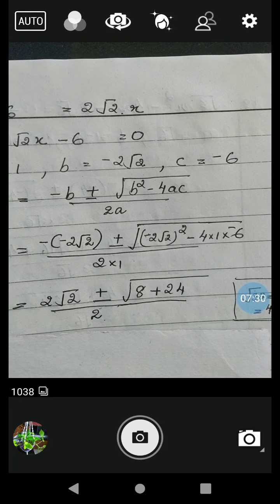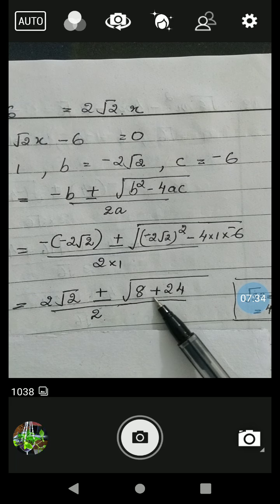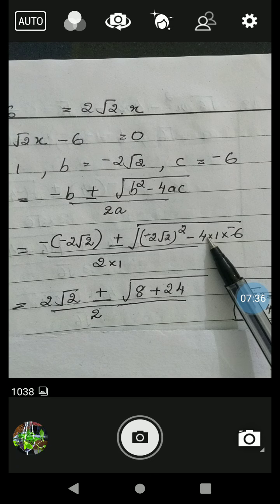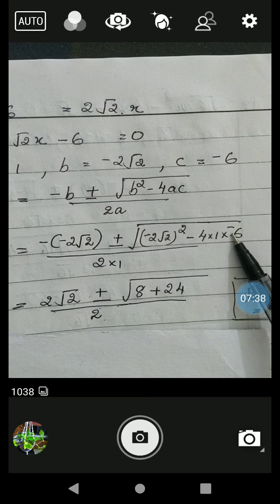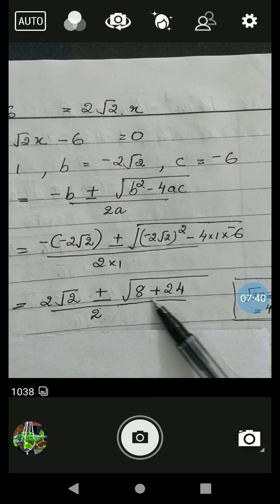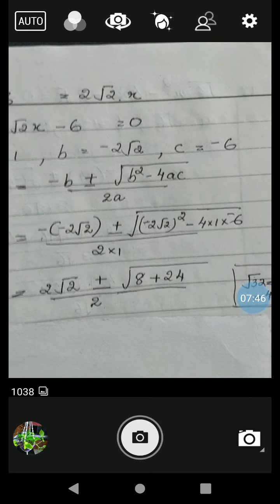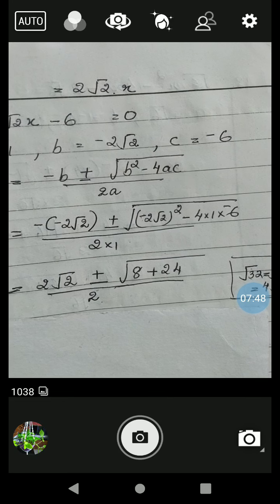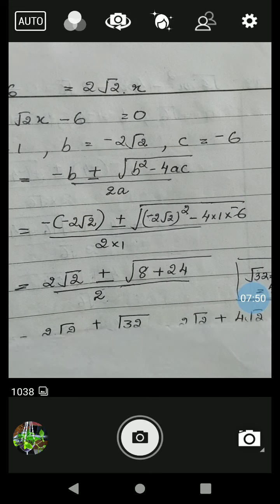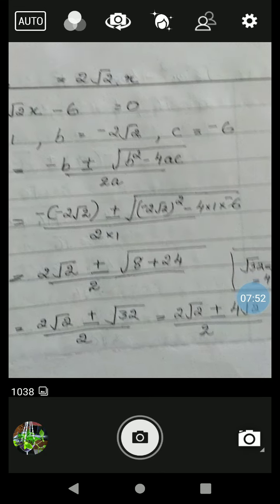Minus 2 root 2 the whole square is 8. Then minus of minus plus. Here plus 24 divided by 2. 8 plus 24 is 32. So, you can write 2 root 2 plus or minus root 32 by 2.